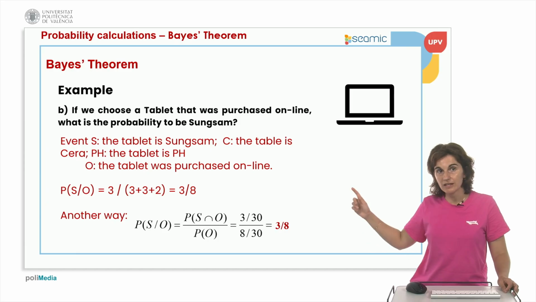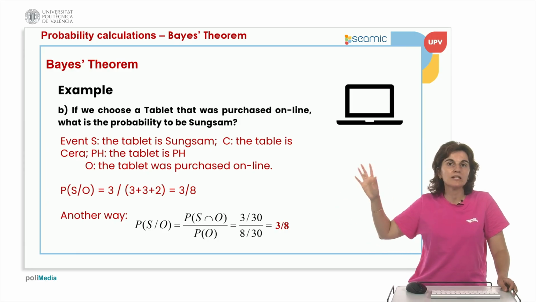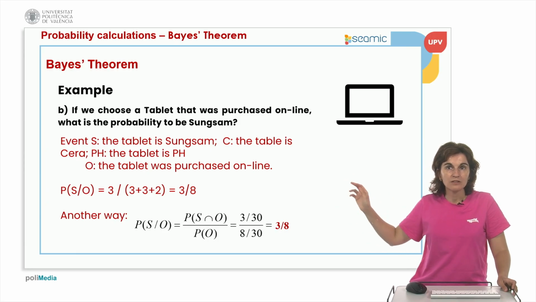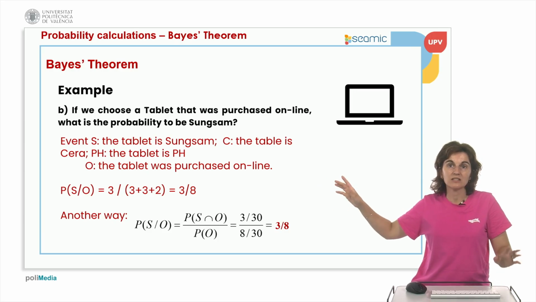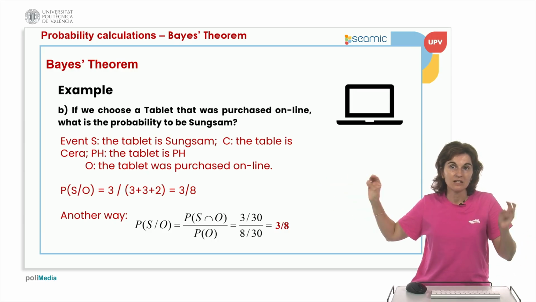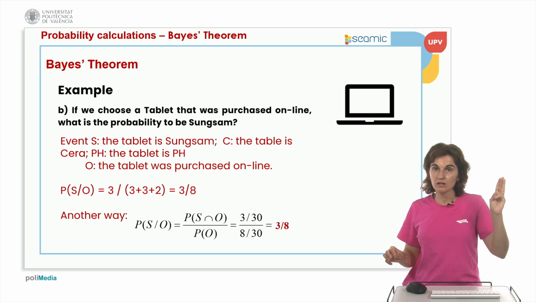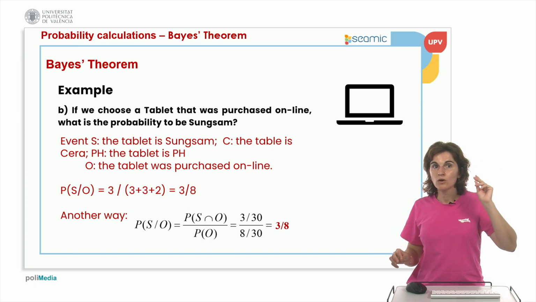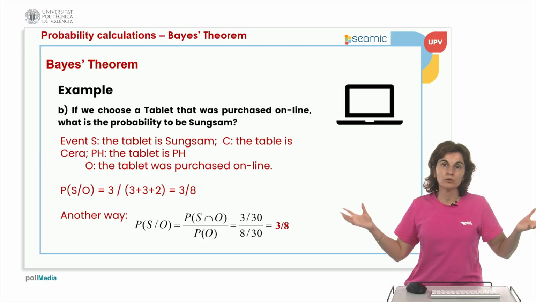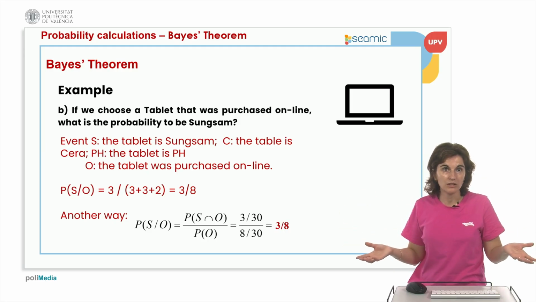So these were 8. There are 2 ways to solve this problem. The first way is quite easy to understand. It is 3 devices that accomplish both conditions, Samsung and purchased online, over the total number of online purchases, not only this brand.